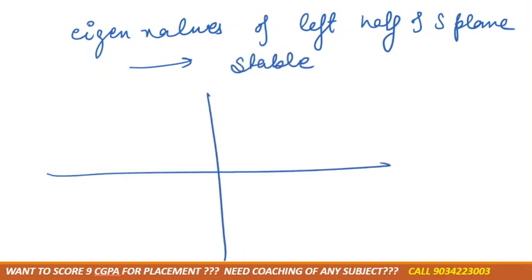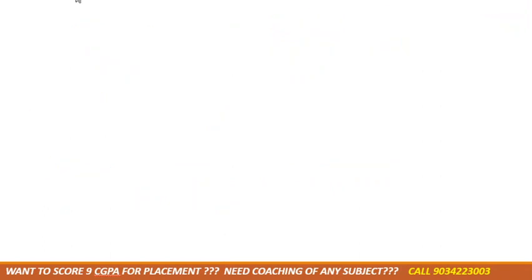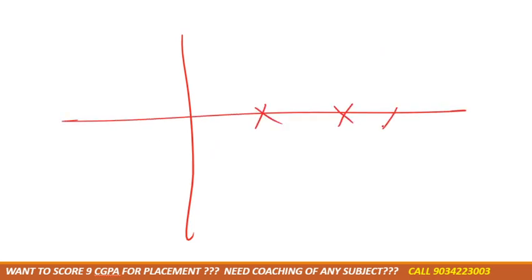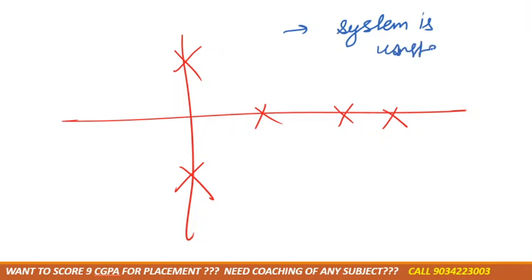Stable means, suppose you get values on the real axis in the negative side, so in this case the system is stable. But if you get the values on the right half plane or on the imaginary axis, then in that case the system is unstable.